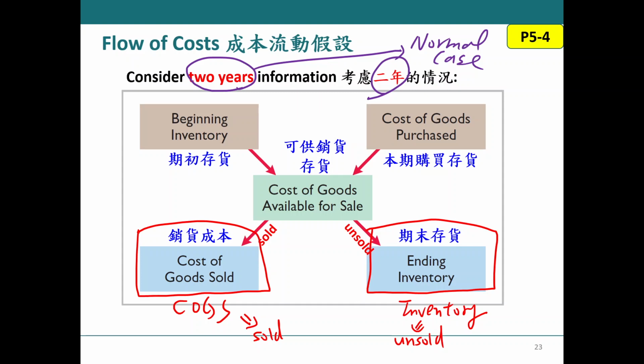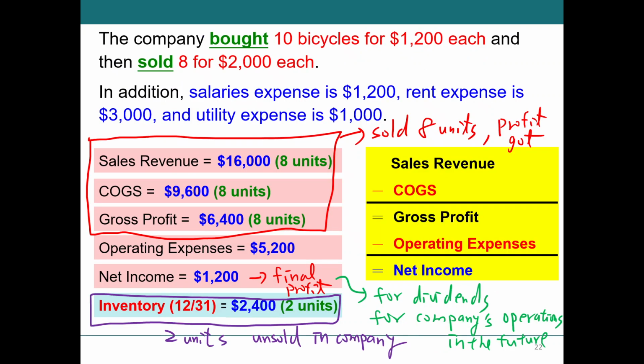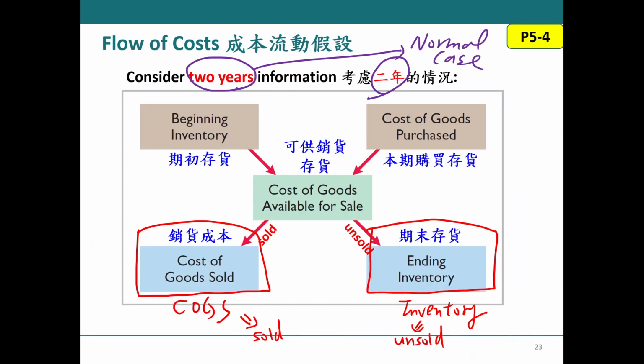For your company, is it possible you sold out all the inventory this year? Impossible, right? You have inventory, 8 sold, and I still have 2 in the company. So could you sell them next year? Yes, right? So these 2 units unsold this year, you could sell next year. So they become next year's beginning inventory, okay? 起初存货.